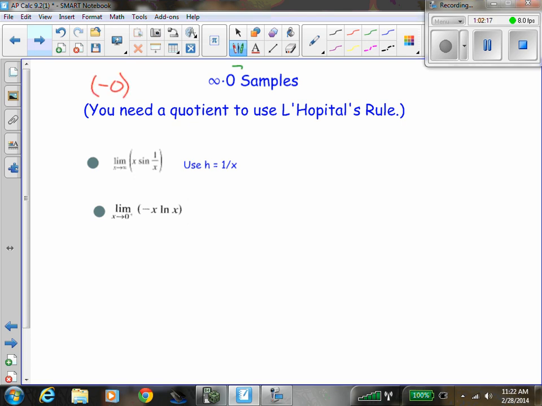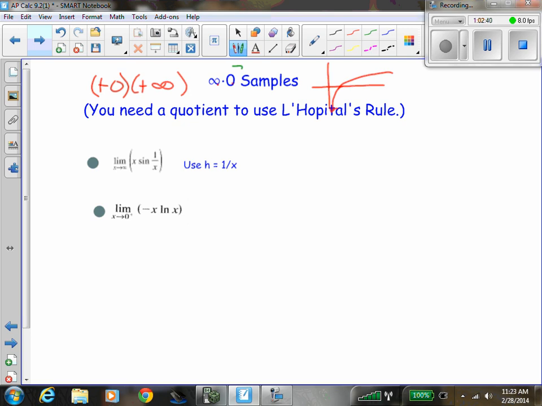If I would just plug the 0 in, and then the limit is as this approaches 0 of natural log. Remember on the natural log graph how close to 0 it's negative infinity? So this would be a negative infinity.